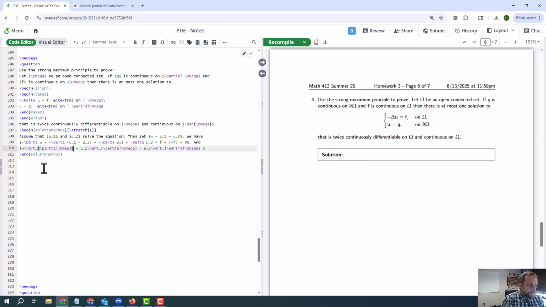Well, U1 and U2 restricted to the boundary are both G, so this is G minus G, which is equal to 0.